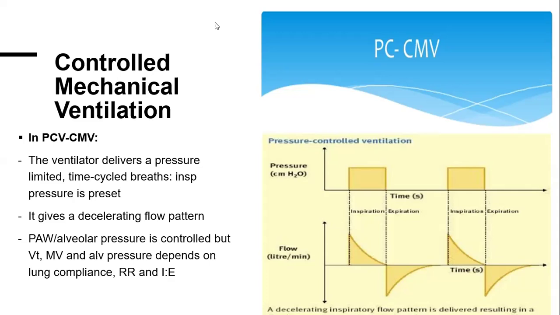You calculate and say, okay, this patient is able to generate only 40%, so the ventilator provides the remaining 60%. David, did that help?